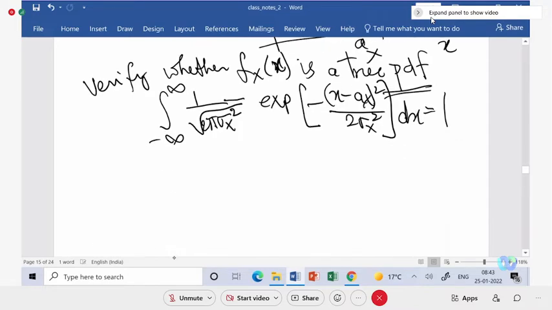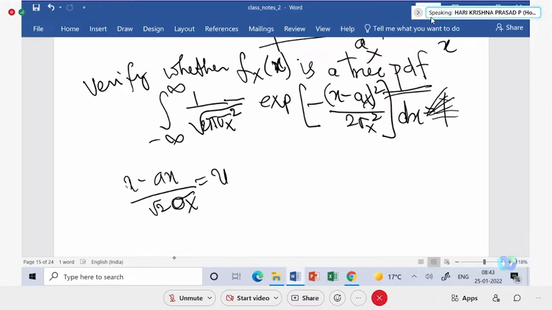If it is a true density function; since we are not sure, let us not put equal to 1. Then you evaluate this integral, putting x minus a_x equal to some variable, or whatever possible substitutions you make. If you evaluate this integral, it becomes 1. Any questions in this, please? Can you do this evaluation?